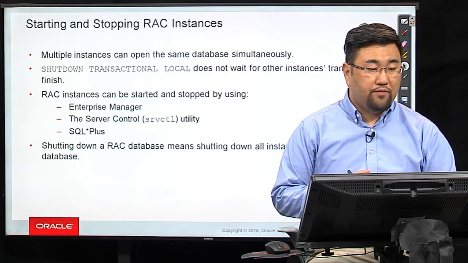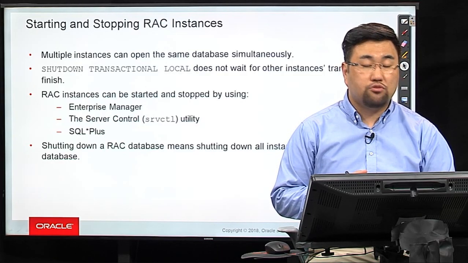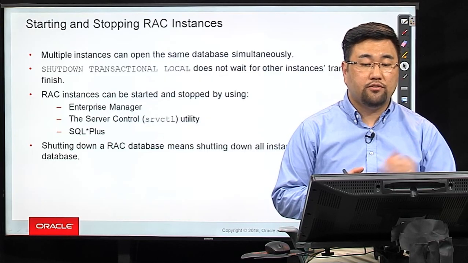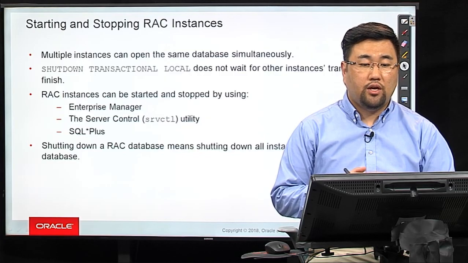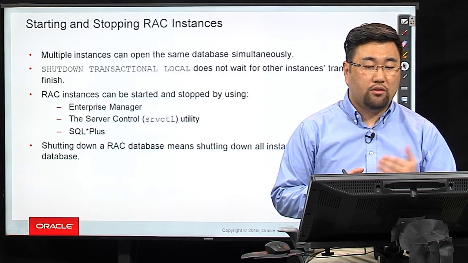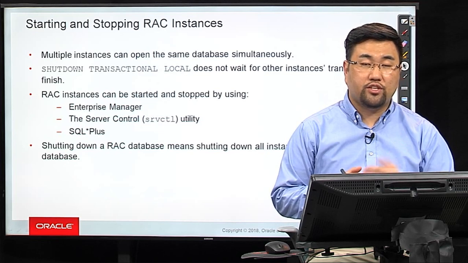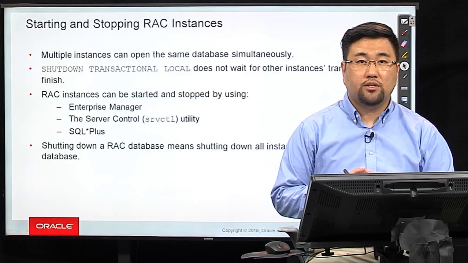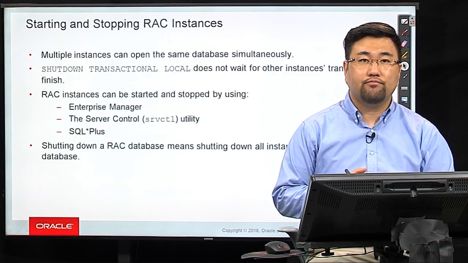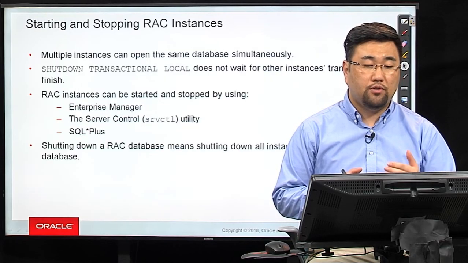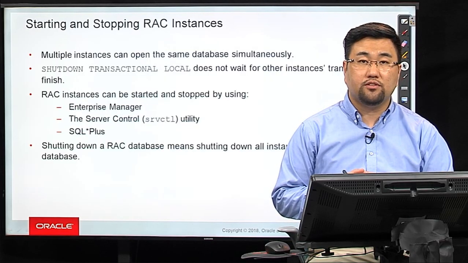In a single instance database, what is the meaning of shutdown transactional? When you issue the shutdown transactional command, we wait until our active transactions are complete, and then shut down the database instance. But if you run the same command in a RAC environment, we have to wait for active transactions across instances, so it will take a long time to shut down the instance.